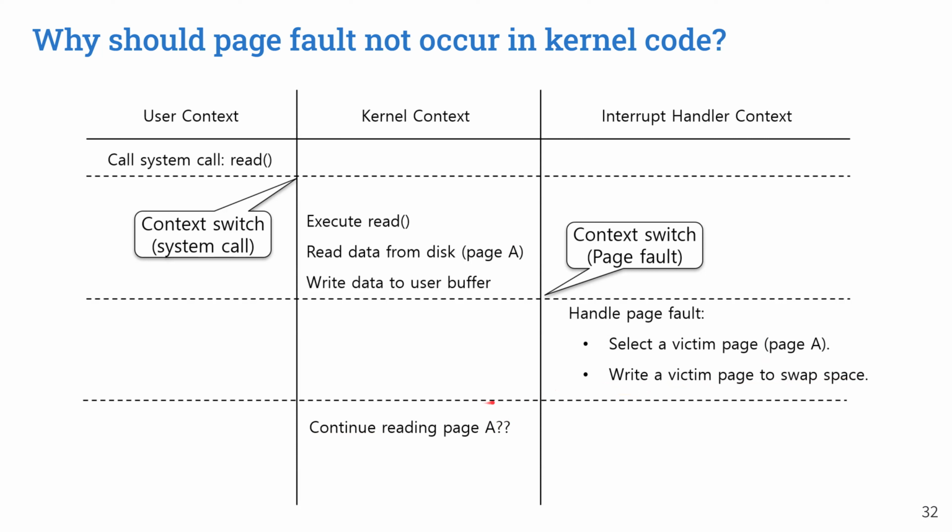If it continues reading into page A, it brings the content from the disk to page A, and the content of page A will be corrupted. So it is not the same content the user requested.